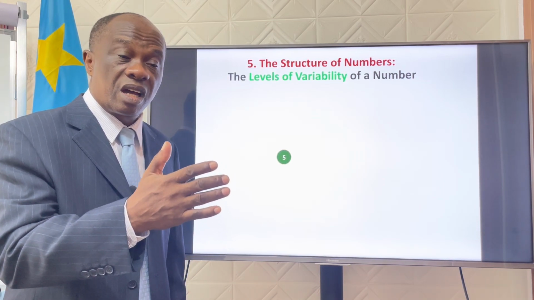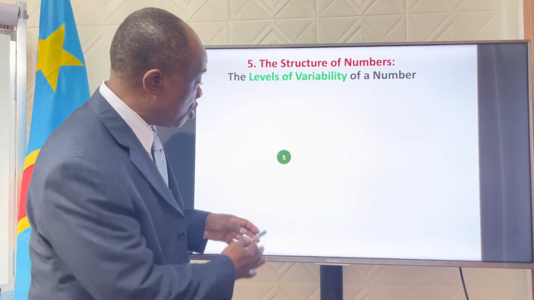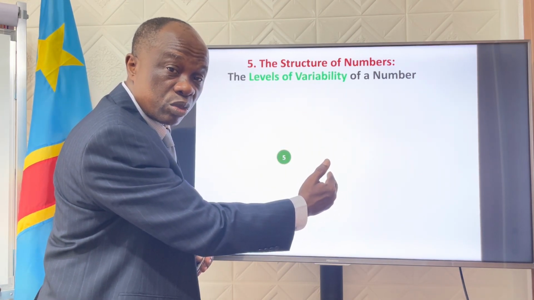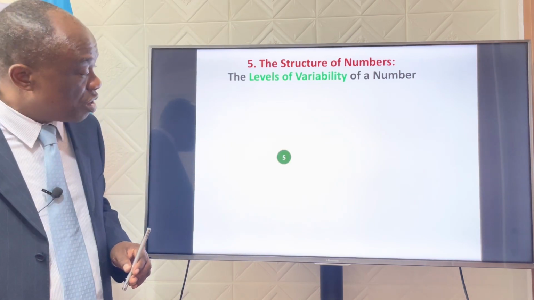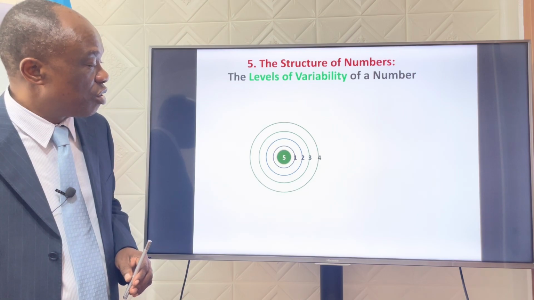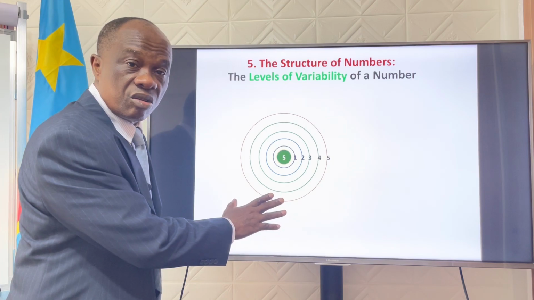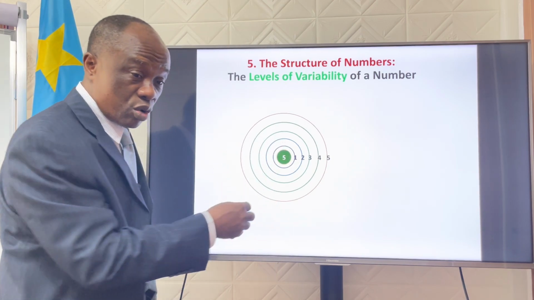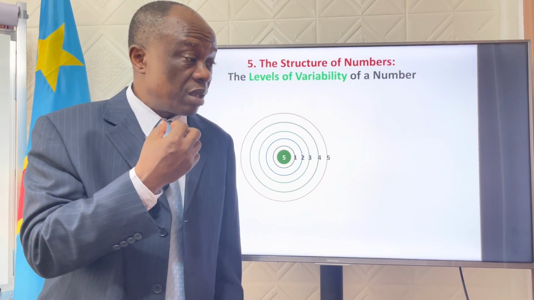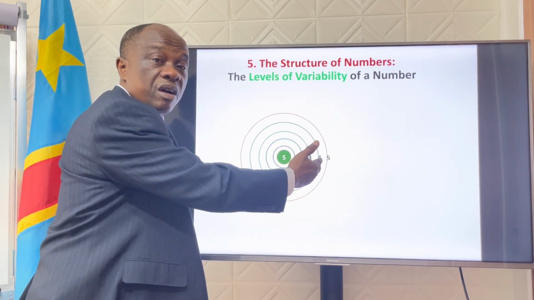How many times do you go? If you start here, you take only 5 steps to count this number. You can't exceed 5, because that comes from your mouth. So when you count 5, it can only stop at 5.